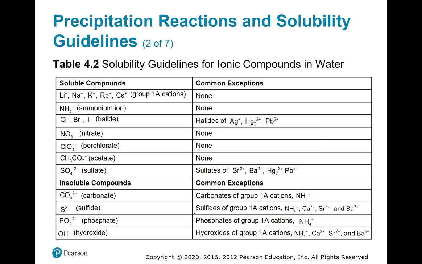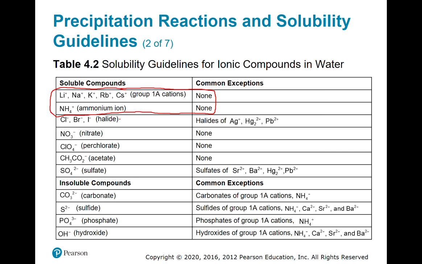For a more comprehensive look, we can look at Table 4.2 here, and this will show us which cations and anions are generally found in soluble or insoluble compounds, if there's a general trend, and what the exceptions to that are. Again, we can see our cations based on ammonium or alkali metals are all soluble with no exceptions.